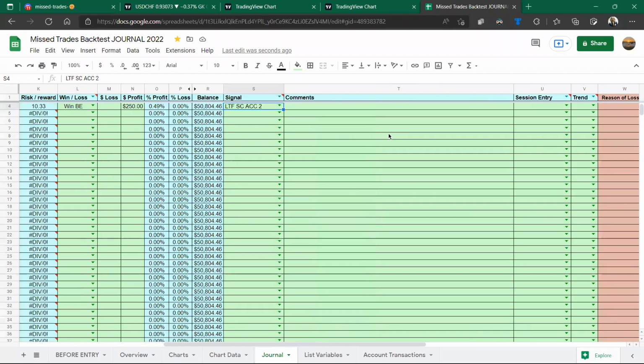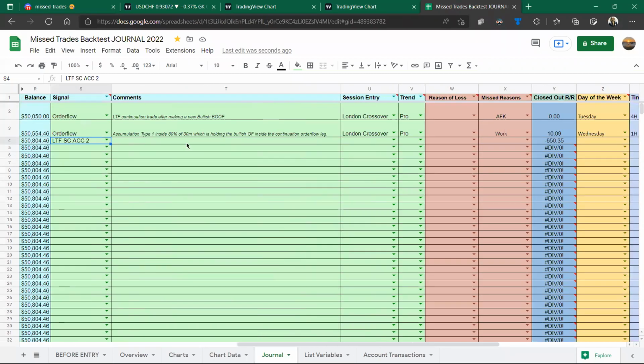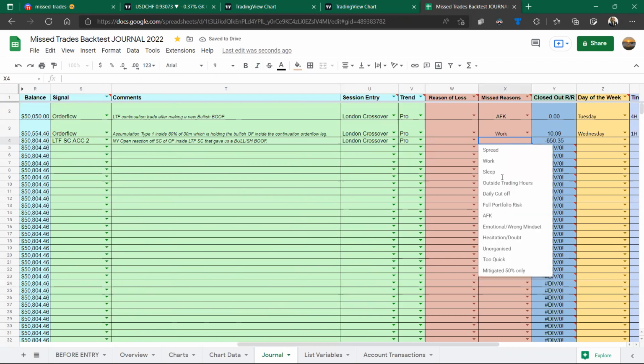The comments here. So New York open reaction of slingshot order flow inside lower time frame slingshot gave us a bullish BOOF session, London crossover, pro trend because we're times 2, and then away from keyboard.